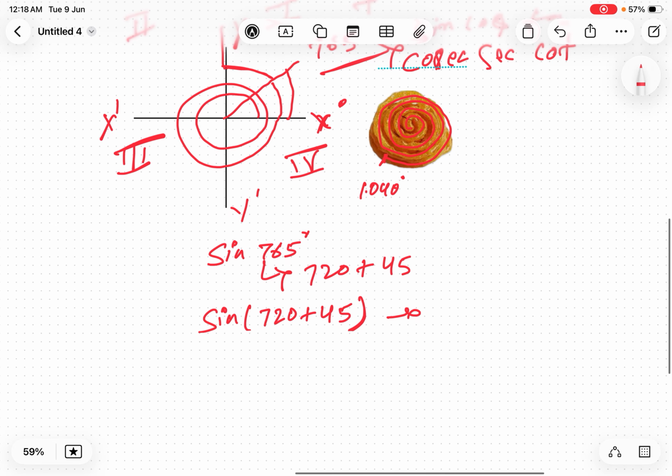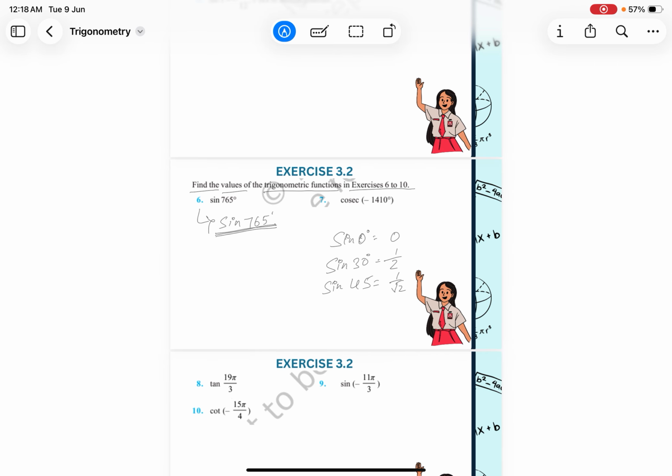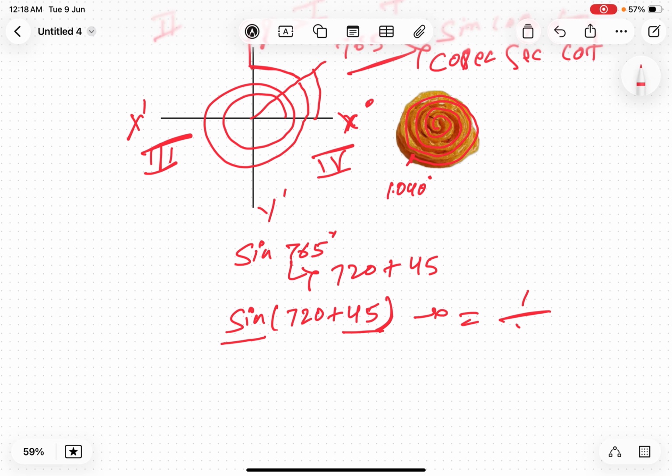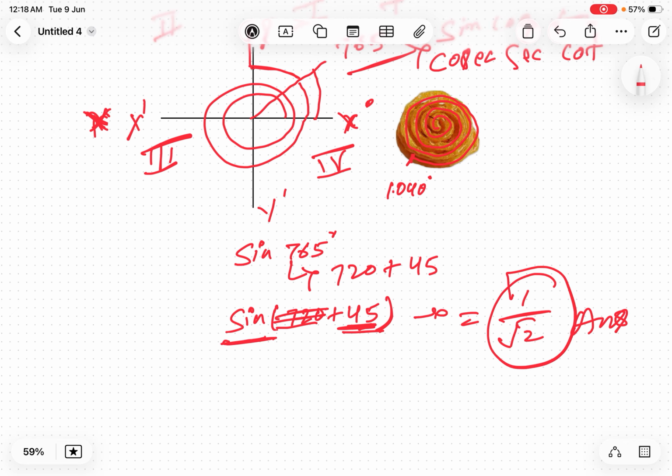Now we have to find the value of sine 45 degree. Here you can see sine 45 degree equals 1 by root 2, so the answer is 1 by root 2. We just forget the 720 degree, or maybe it's 1440 degree, whatever it is. We forget the revolutions and only see the second part, sine 45 degree, that is 1 by root 2.